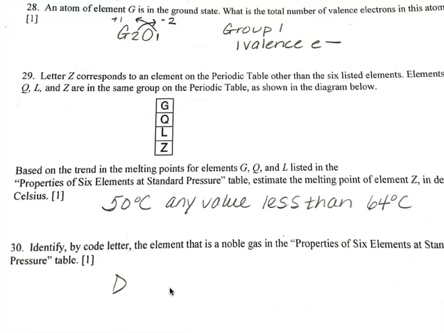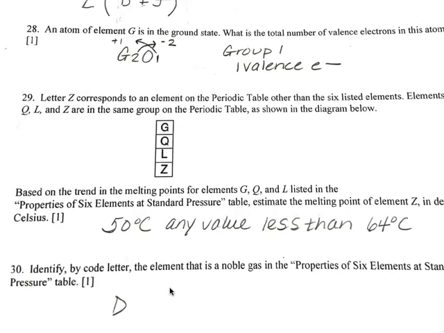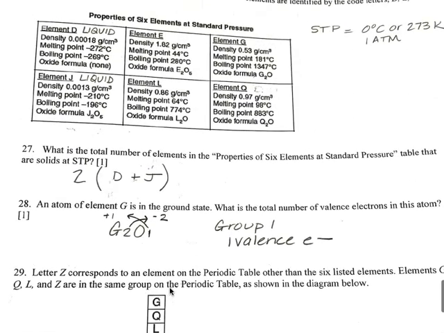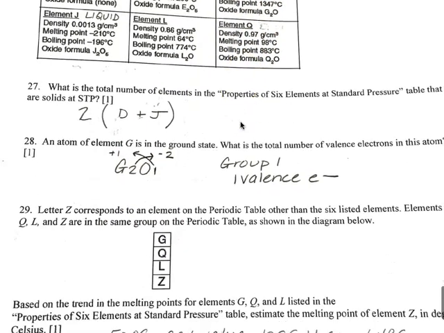An atom of G in the ground state. What is the total number of valence electrons in this atom? So if we go up here and we look at G, it says it forms the oxide G2O.